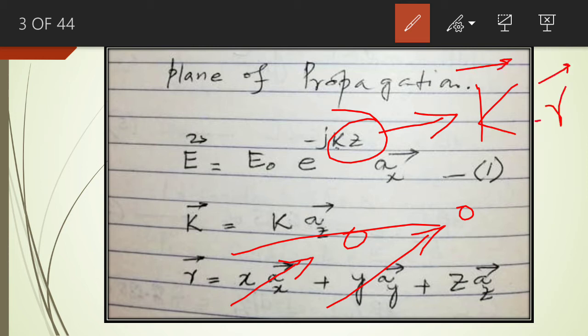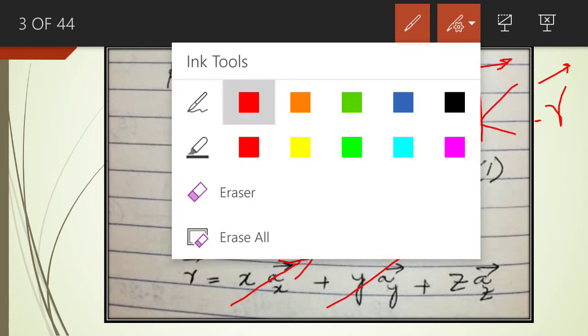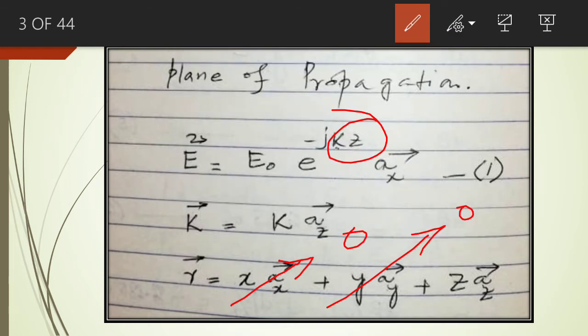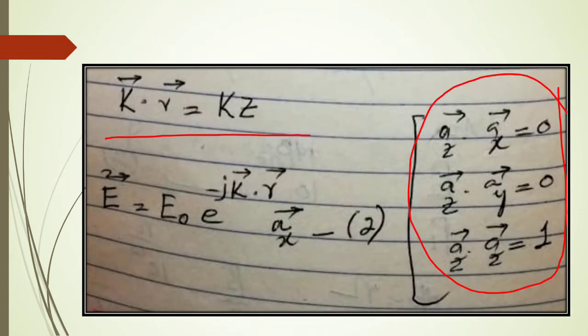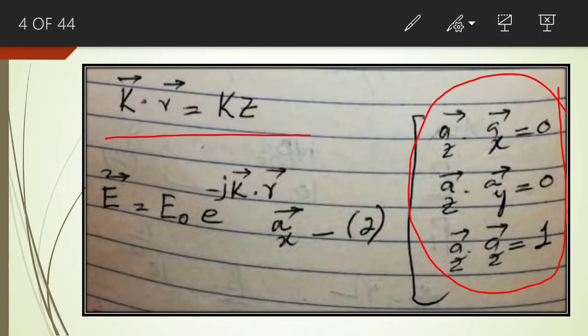Because k dot r results in kz. So if we replace this kz in equation number 1 by k dot r, we get equation number 2.